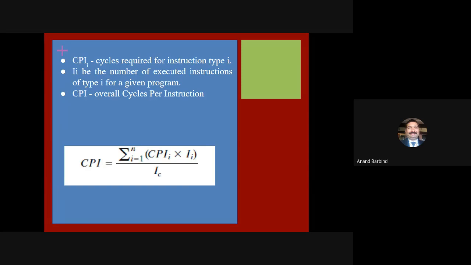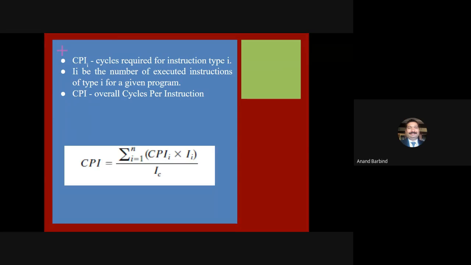All these instructions need different times for execution. So to calculate the overall cycles per instruction, you can calculate the CPI for each type of instruction. For example, CPI i represents the cycles required for instruction type i.